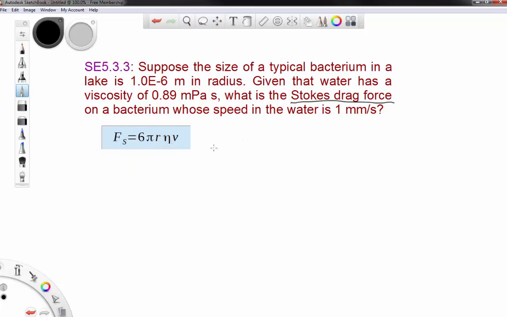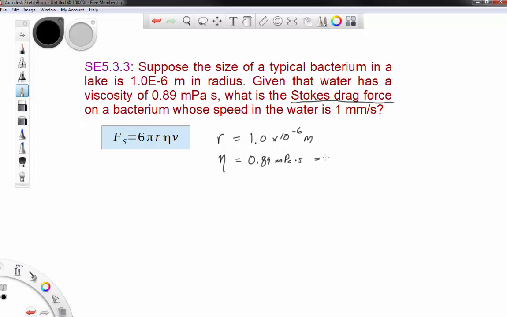The Stokes equation says that the drag force should be 6 times pi times the radius times the viscosity times the speed. So what we need to do is convert everything into common units so that we can get a force in newtons. The radius is already given, 1.0 times 10 to the minus 6 meters. The viscosity was given as 0.89 millipascal seconds.